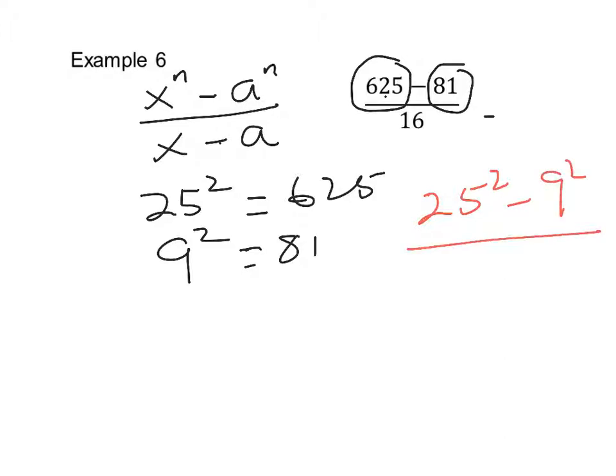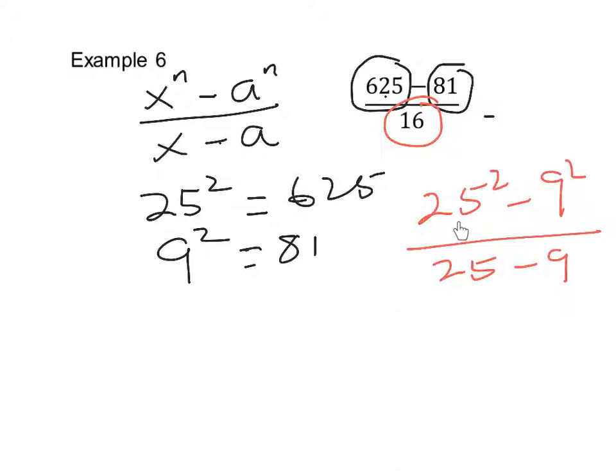Now that helps us a lot, because we can see this 16 down here can be written as 25 minus 9. How do I know that? The form of this expression has to match the form of the expression down here.